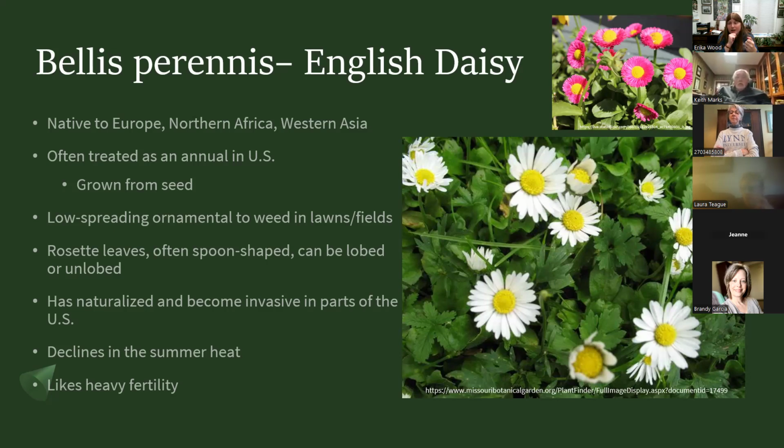It likes that high fertility, and so it's going to spread easier in that type of environment. But again, generally, it's not usually as much of an issue for us. Here in Kentucky, we're growing them for ornamental purposes, and treat them as an annual.